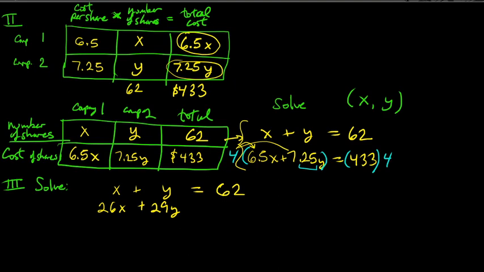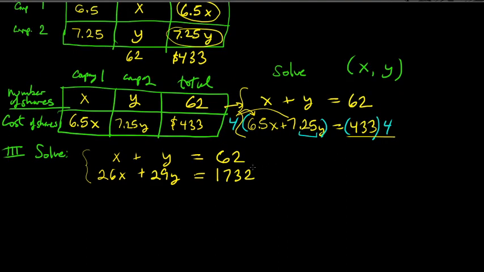Yep. And then 4 times 433. So that's the right side of the equation. 4 times 433 is 1,732. Okay. So again, that's just to get rid of the decimals.